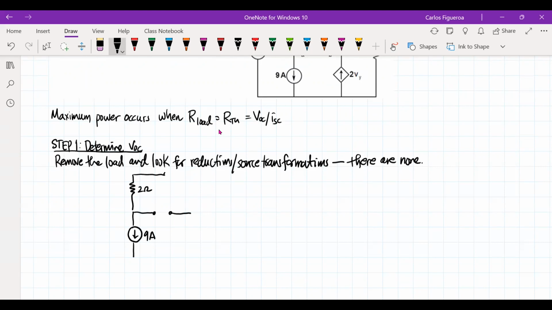Then I have another resistor right here. Then I have my dependent, and then I have another dependent. So this guy goes like this. This is plus or minus 3Ix. This is 2Vy. And then I have one more resistor over here.